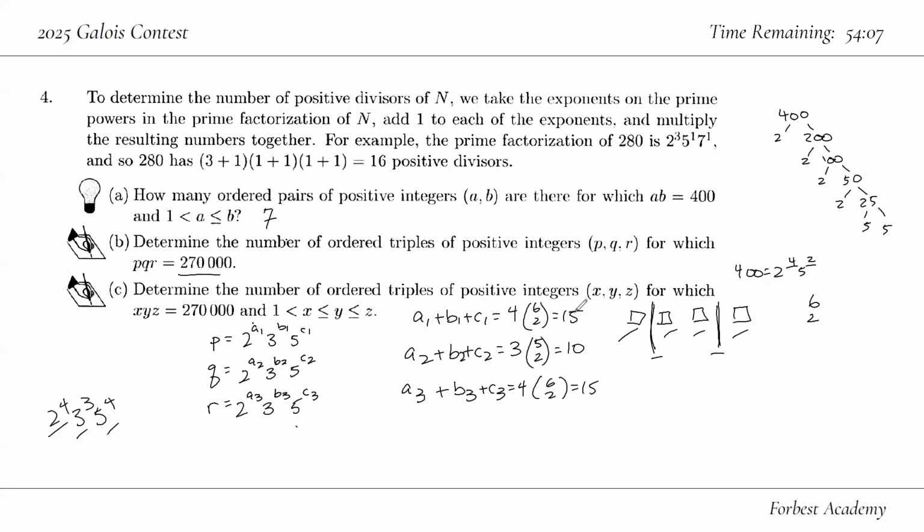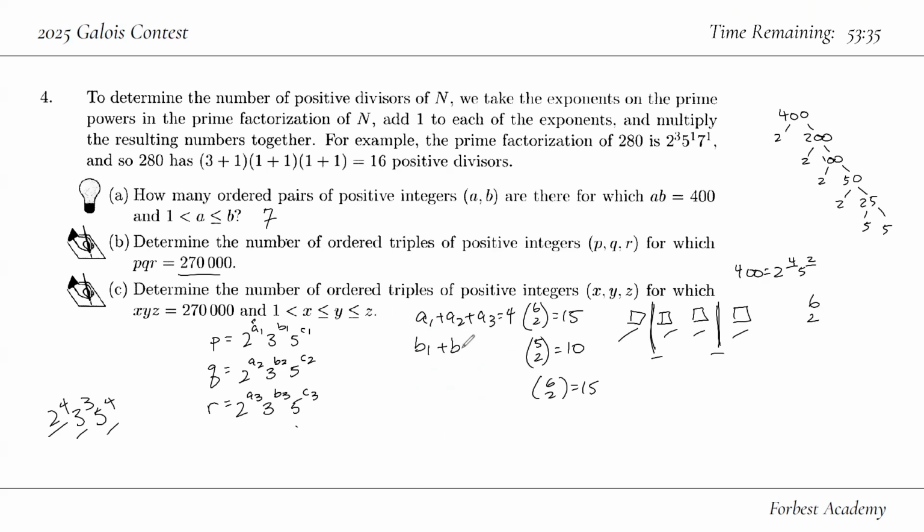Okay, and so there are 15 times 10 times 15. Since all of these, actually, sorry, my mistake. Let me rewrite this. A1 plus A2 plus A3 equals 4.